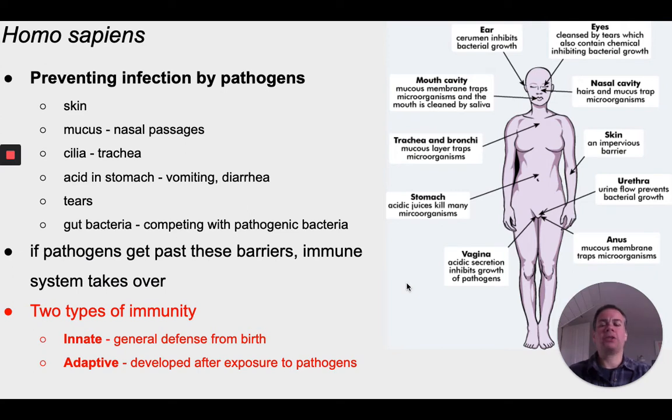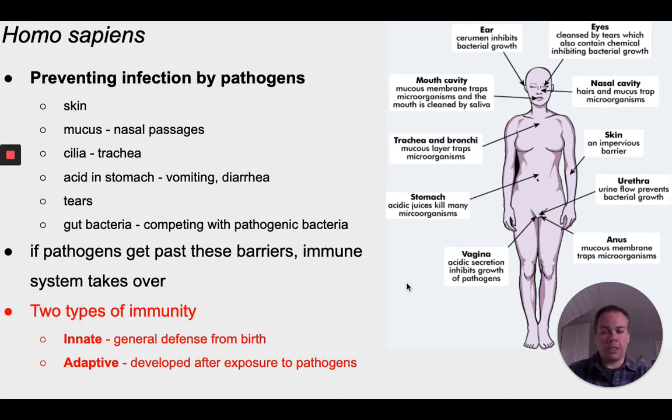When we say pathogens, what we're really talking about are viruses, bacteria, other microorganisms which can cause disease. And we have built in several adaptations that prevent us from being attacked by pathogens. So, for example, our skin provides a barrier through which many pathogens cannot pass.